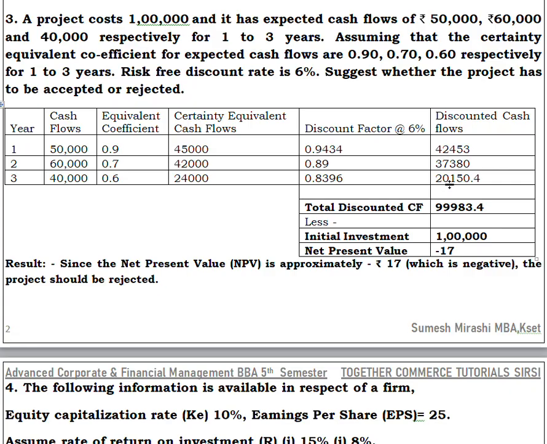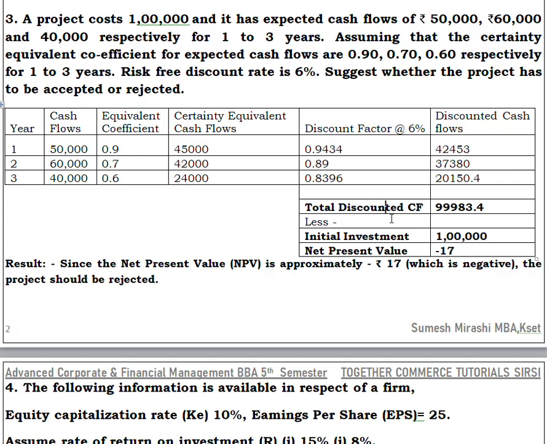You will get total discounted cash flow of around 99,983.4, and from that you should subtract the initial investment. The initial investment is the project cost of rupees 1 lakh. Once you subtract these two, you will get the net present value as minus 17.